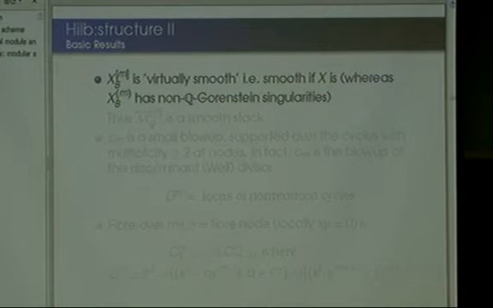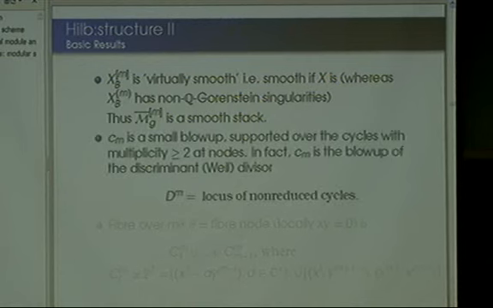Well, they're quotient singularities, but they're really bad. So you might say that the stack is actually a smooth stack. Moreover, the structure of this map C sub m, the cycle map on the Hilbert scheme, can be described in great detail. In particular, what's true is that this map is a small blow-up.